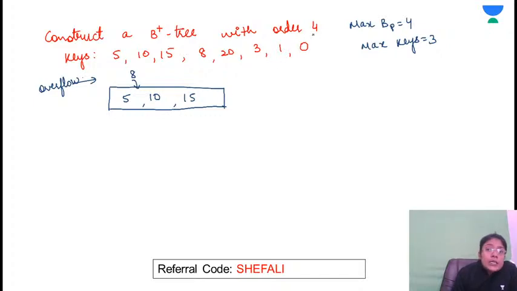If the order is even, then you have to use the concept of left biasing or right biasing. The node will split on the basis of which element, 8 or 10? Anything is possible, depending on whether you are going for left biasing or right biasing. Let's assume that we are working on right biasing. I'm using right biasing.